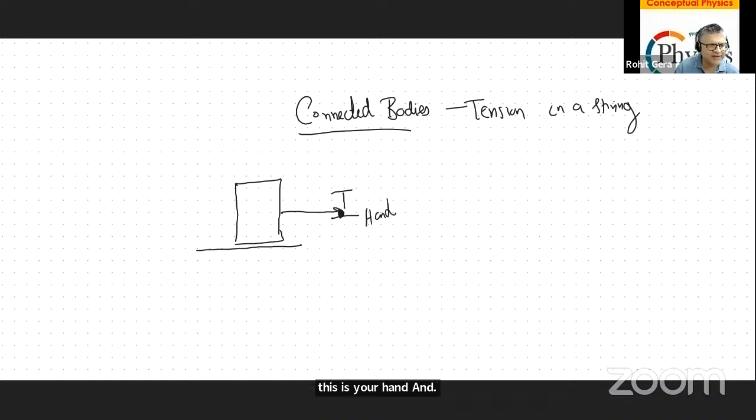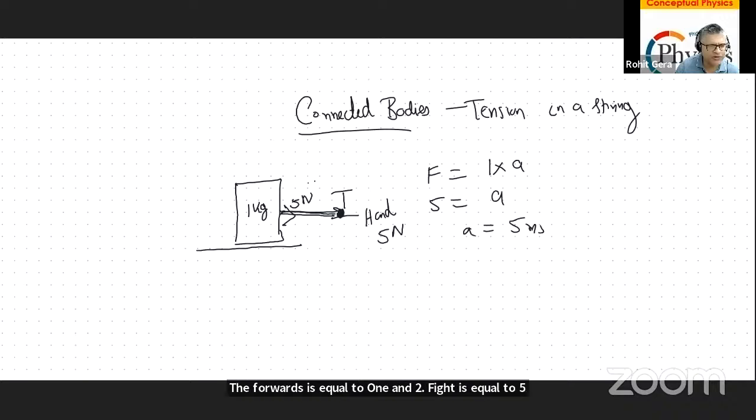The force gets transmitted through a medium called a string and gets applied here. So if you apply 5 newtons force, the 5 newtons travel and get applied on this mass. So force is equal to 1 into A, which is equal to 5, so A is equal to 5 meter per second square.